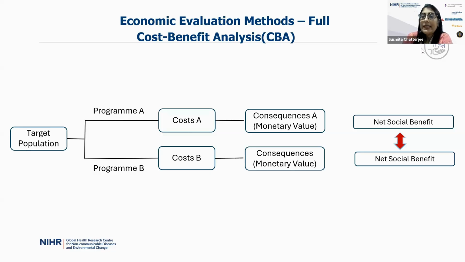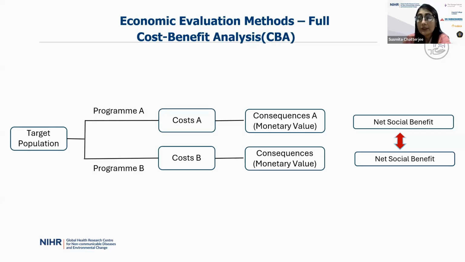At the end of the day, you will say net social benefit, which means cost is always in monetary forms, right? Indian rupee, Bangladesh taka, Indonesia, I think Indonesia is rupiah, whatever your valuation, you are getting the cost in terms of this unit, whatever your country unit, cost is always in monetary form.